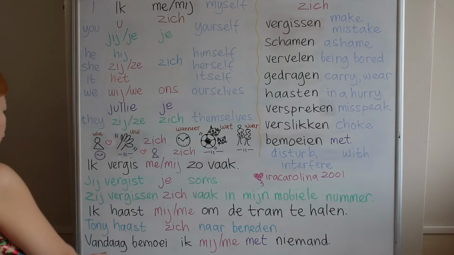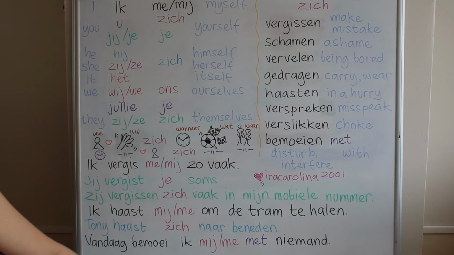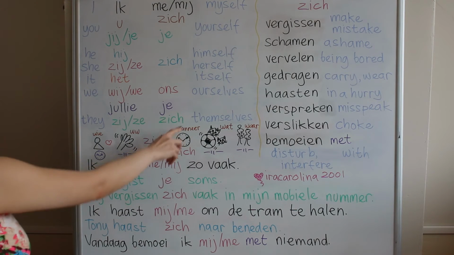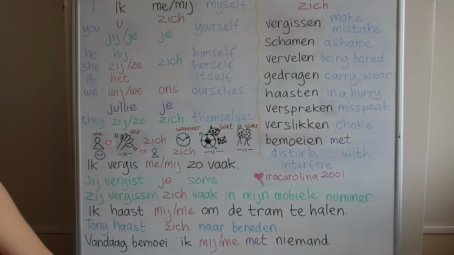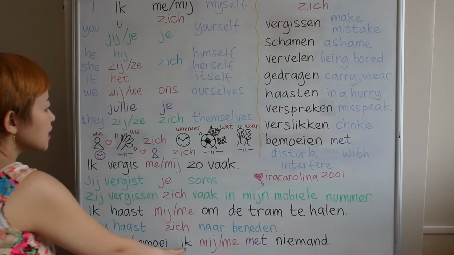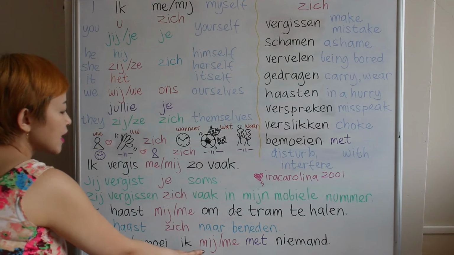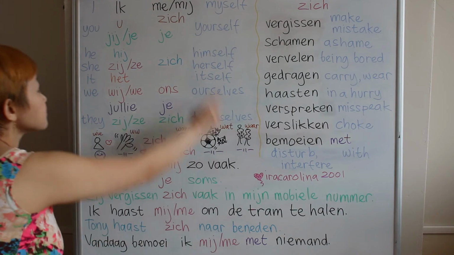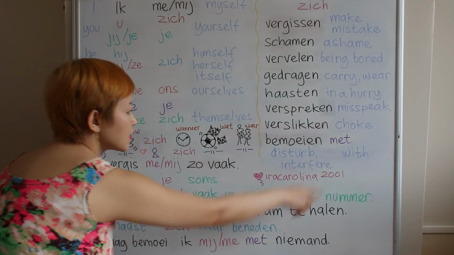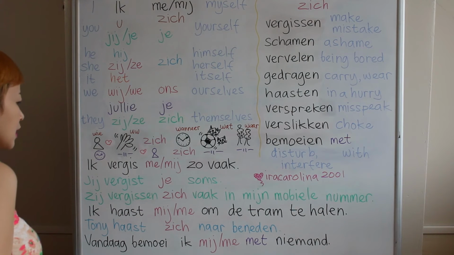Last one, we will learn about sentence that started with time signal or wanneer, when, here. Vandaag, today, bemoei ik is from bemoeien. Mij or me met with niemand, nobody, no one.